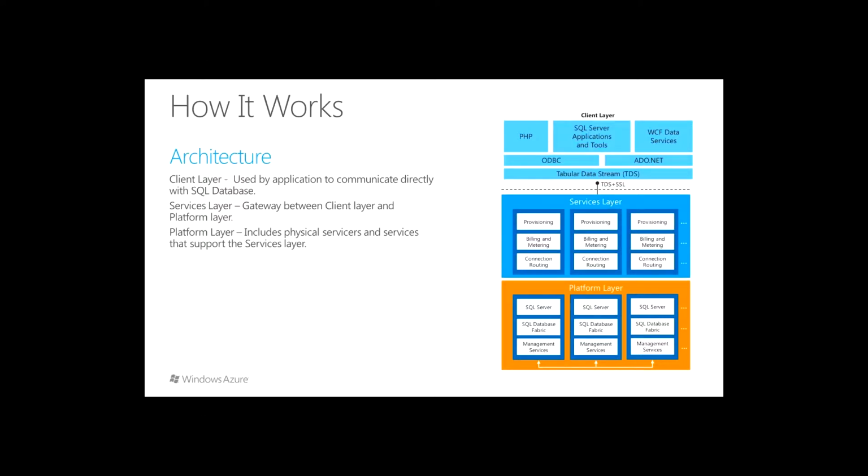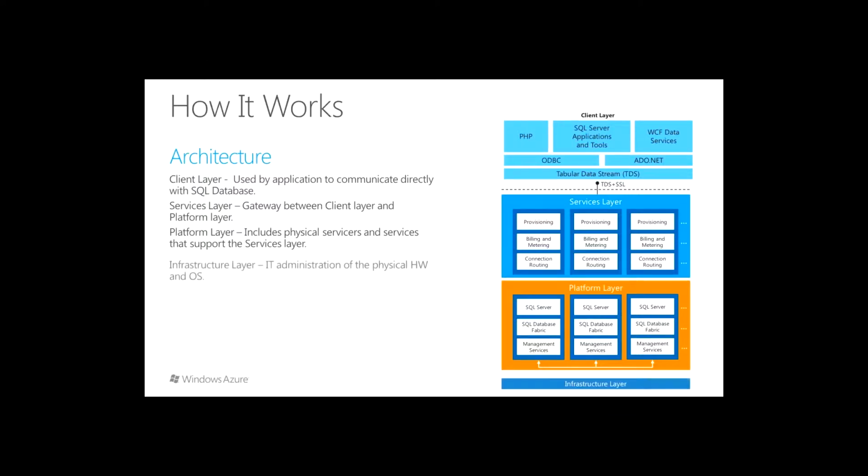You do have additional agents, what's called the SQL Database Fabric, and these are agents that run on each physical machine. Their responsibility is to make sure everybody plays nice, because again, Azure is a shared services environment. So my database could be on the same physical server as yours. So this fabric and these agents want to make sure that everybody plays nice.